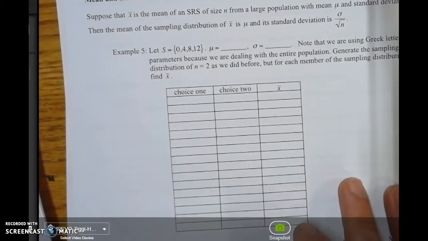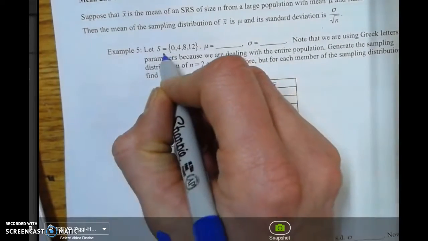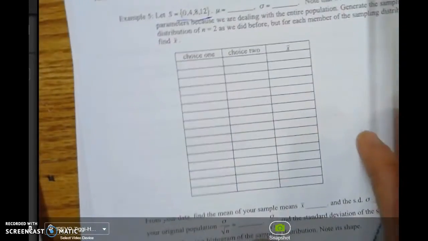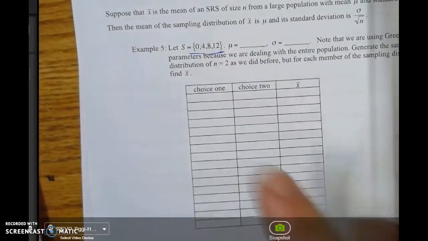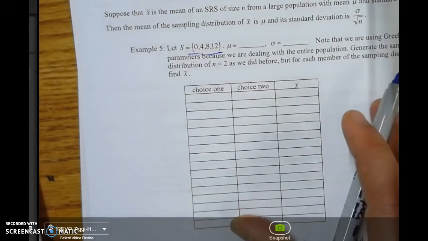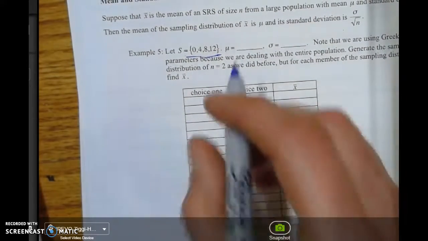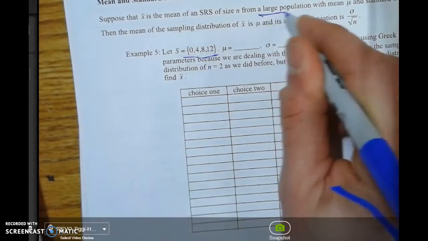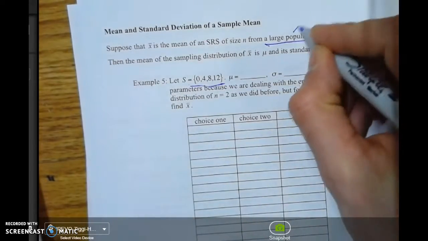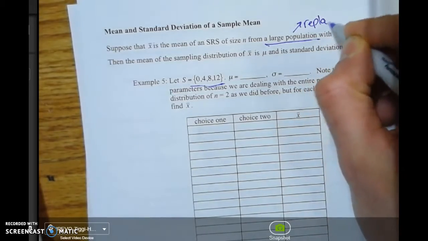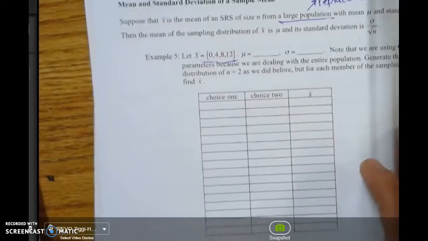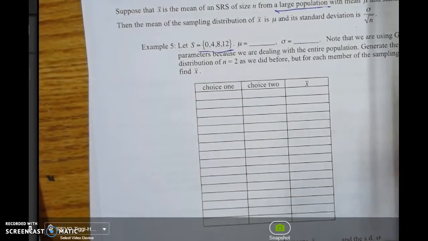We're going to start here with an example where our population contains 0, 4, 8, and 12, and we list all the samples of size 2 from these 4 numbers. It says from a large population, so we assume replacement, because when we take one out, it's not really going to affect our data much. It's hardly noticeable.